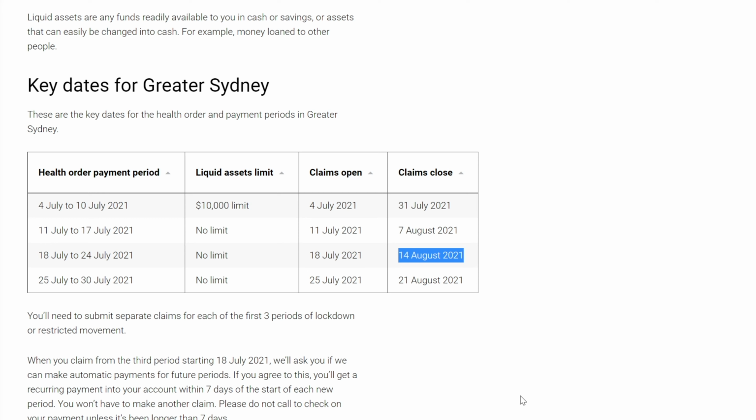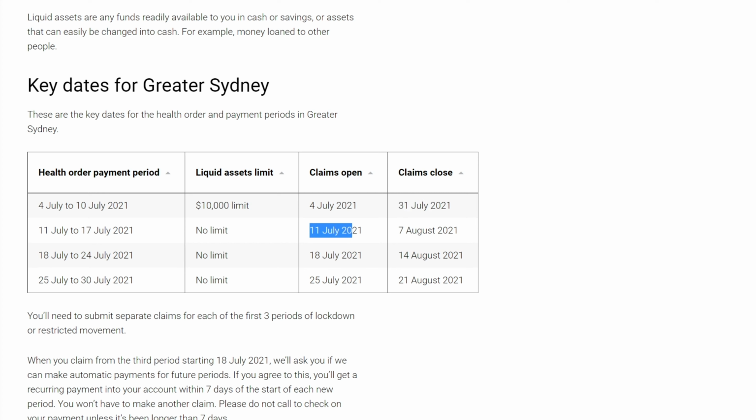Going over the key dates for Greater Sydney, the health order payment period, the first period is from 4 July to 10 July. This has the $10,000 liquid asset test. The claims for the first period open on 4th July 2021 and close on 31st July 2021. The second period of payment is from 11 July to 17 July, and from the second week, there is no liquid asset test.